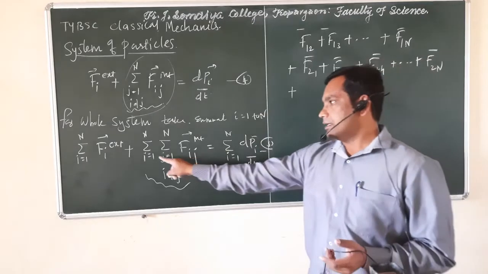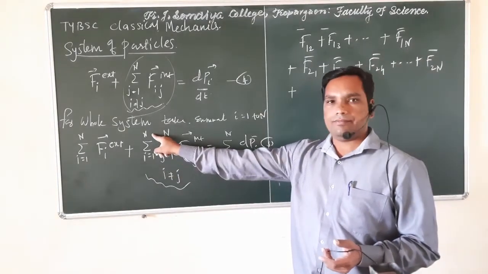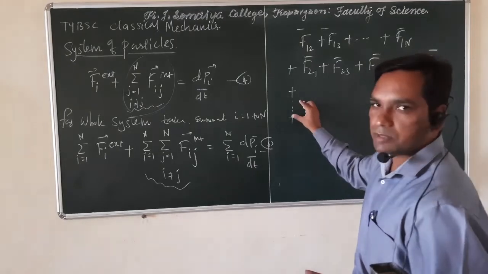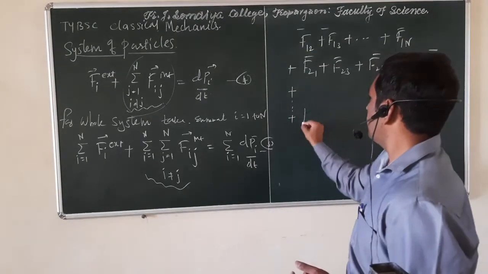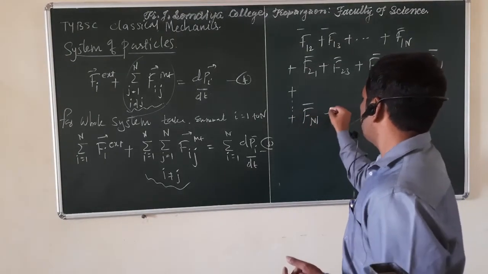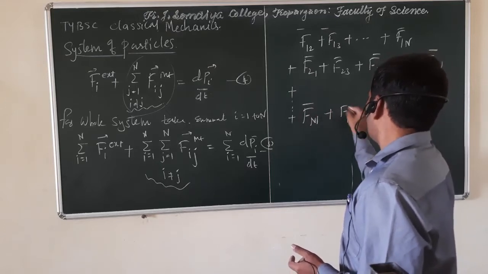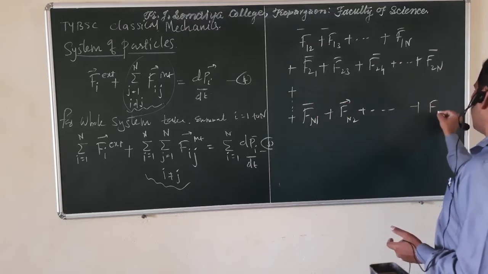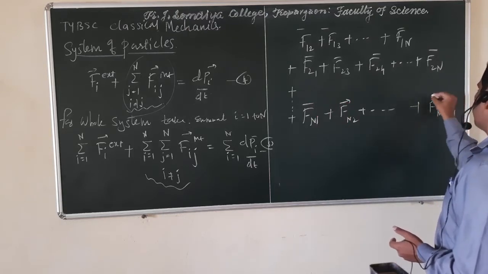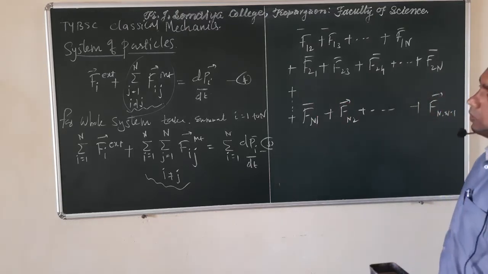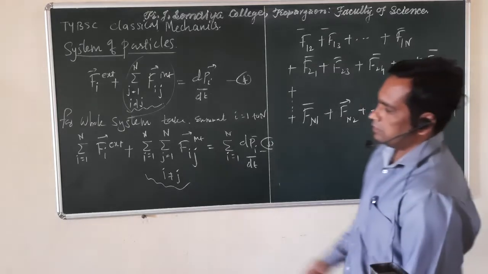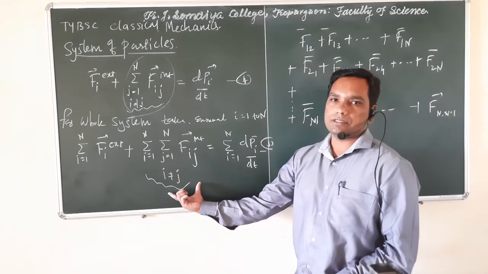For the last term, when i is equal to n, we continue in this way: fn1 plus fn2, up to the last term fn(n-1). So all those forces are the internal forces, because this term arises due to internal forces.